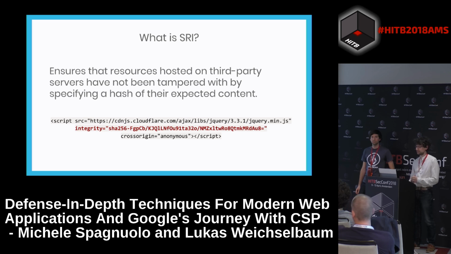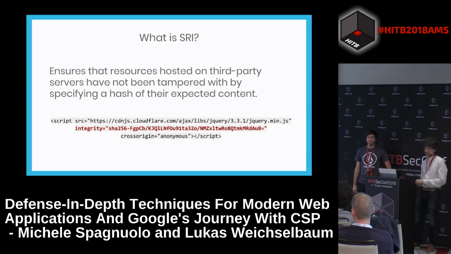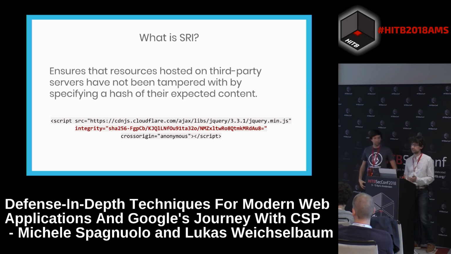You trust it, but if, for example, the CDN gets hacked, the content of that JavaScript can change and become malicious, and this is a vector for, for example, large-scale attacks or web worms. This has happened in the past, and a very simple mitigation against that is having some kind of integrity check of the content of the JavaScript that you are including.